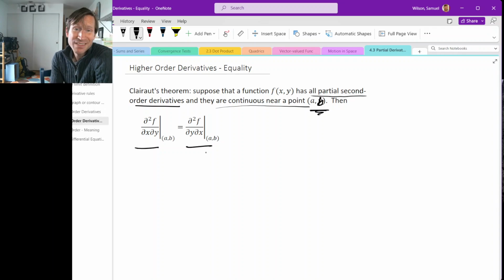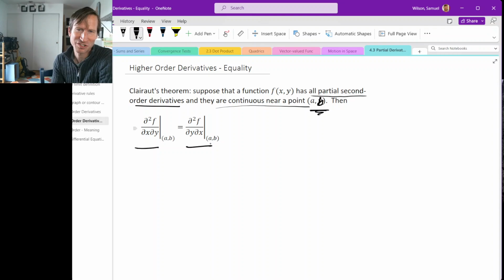And this is usually always the case for us, right? It is possible to come up with examples where a function has partial derivatives but has mixed second partials that aren't equal. But you have to work really hard to come up with such examples.